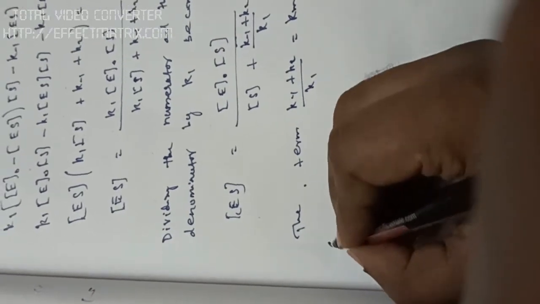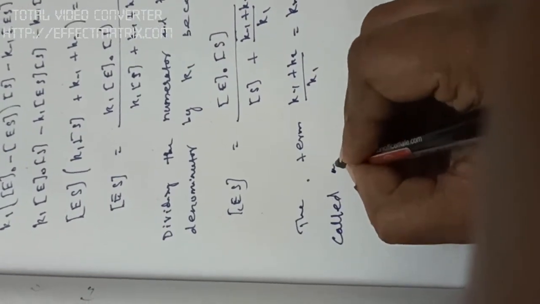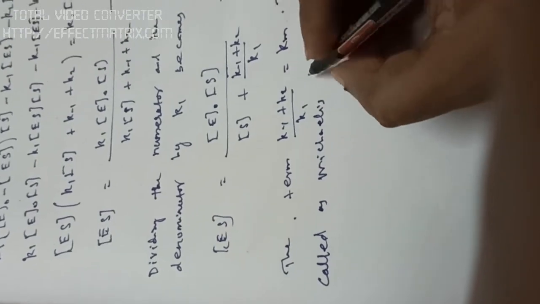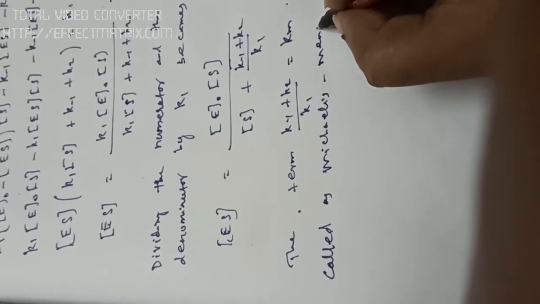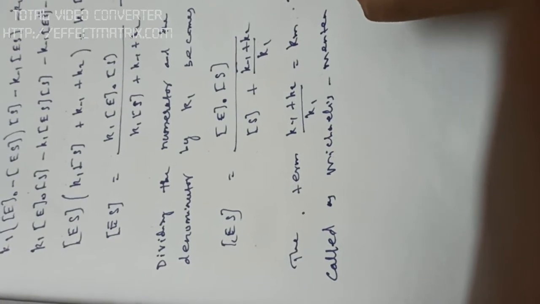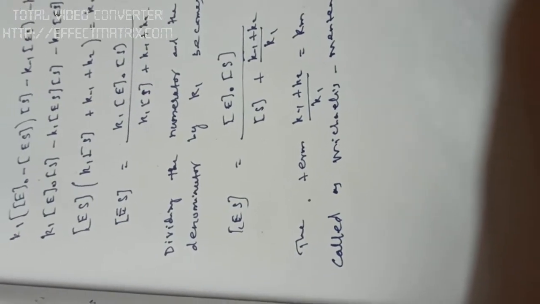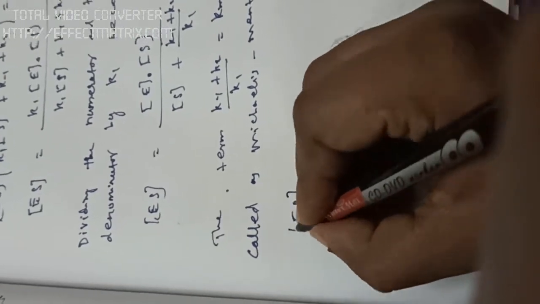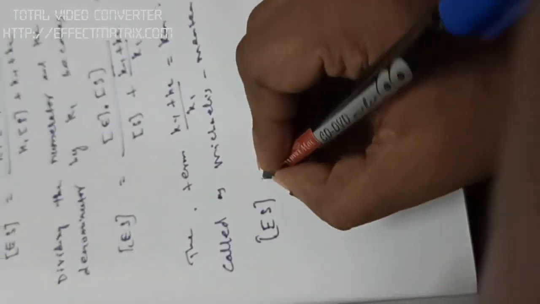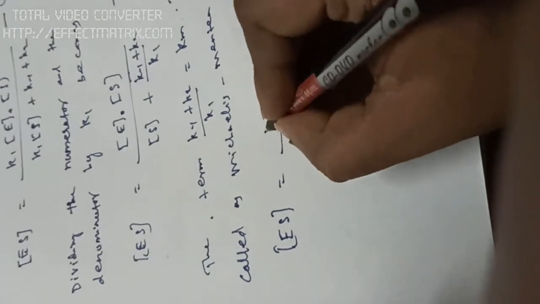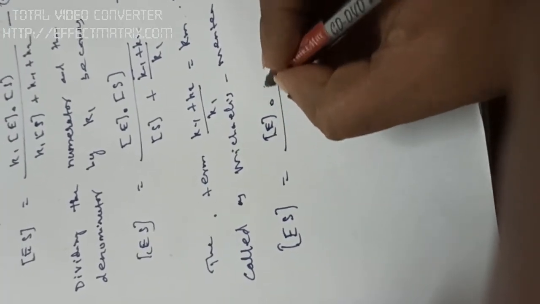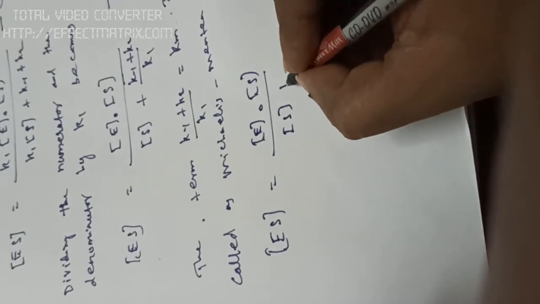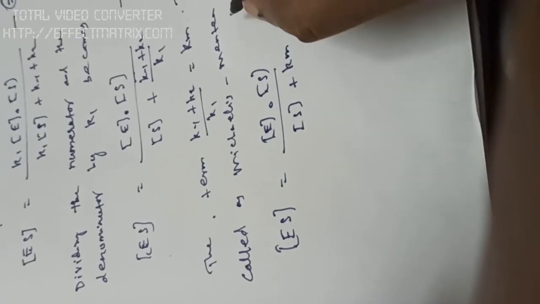It is called the Michaelis-Menten constant. Concentration of ES becomes E0 times concentration of substrate divided by concentration of substrate plus Km.